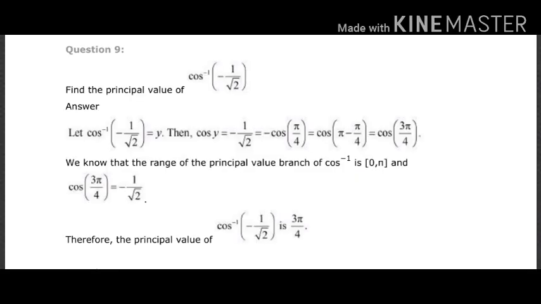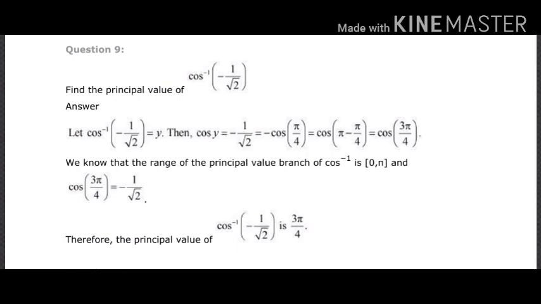Question number 9 says, find the principal value of cos inverse minus 1 by root 2. Again in the same way, assume the question as y, cos y is equal to minus 1 by root 2. Then 1 by root 2 we know it is cos pi by 4, and we can write cos as cos pi minus pi by 4, cos 3 pi by 4 after solving pi minus pi by 4.